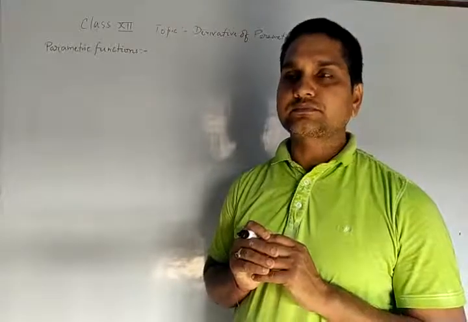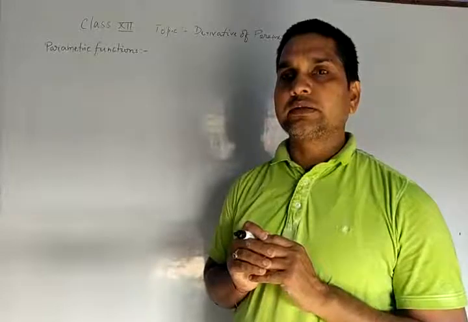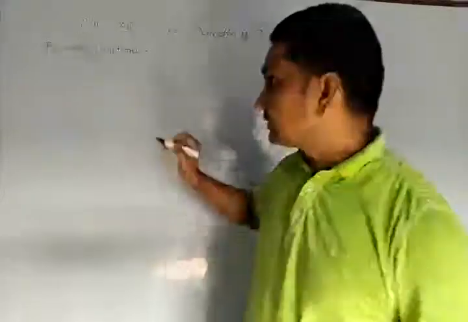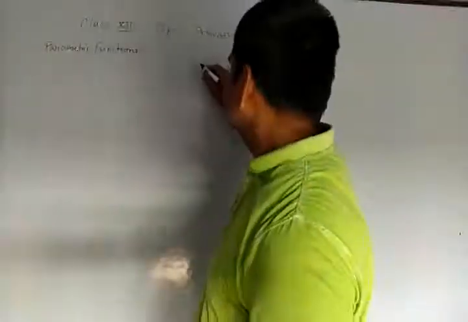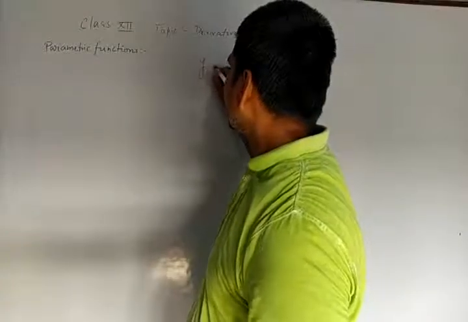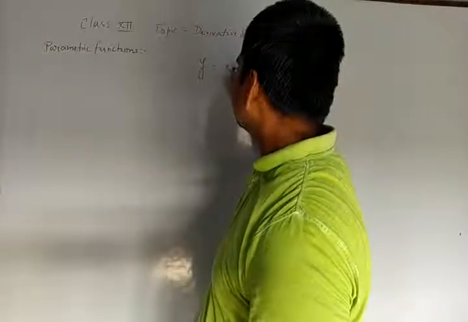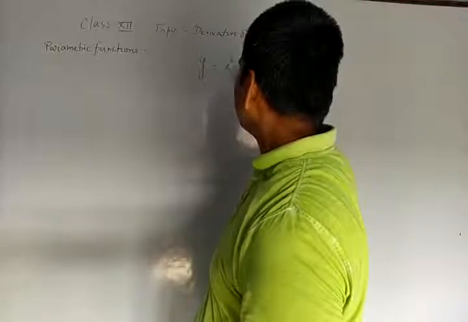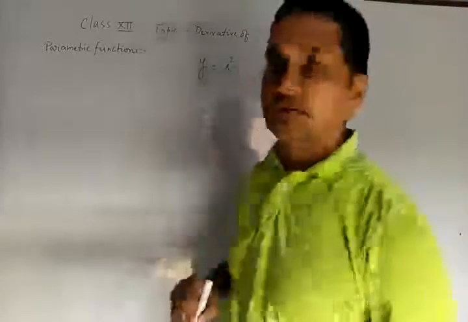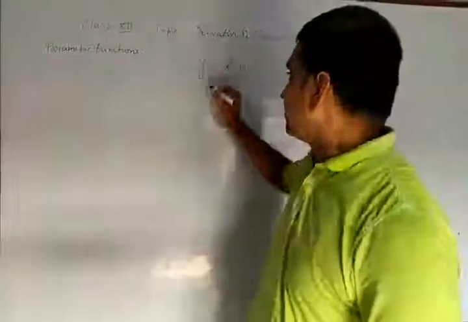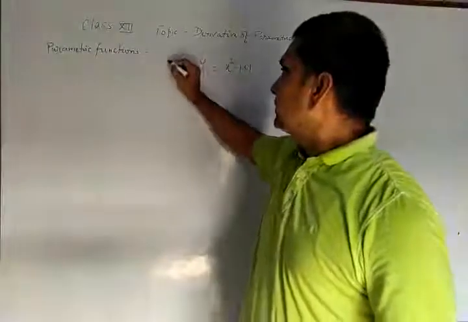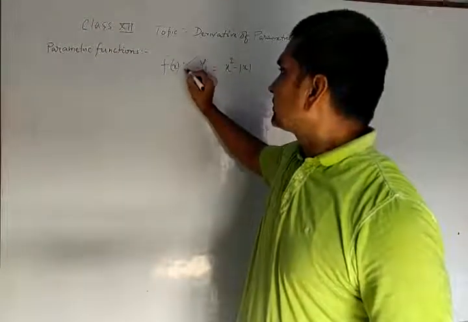Means what? We were taking two variables like this. Take an example: y is equal to, suppose, x square minus mod x. So this is a function. Look, the value of y is depending on x or not.